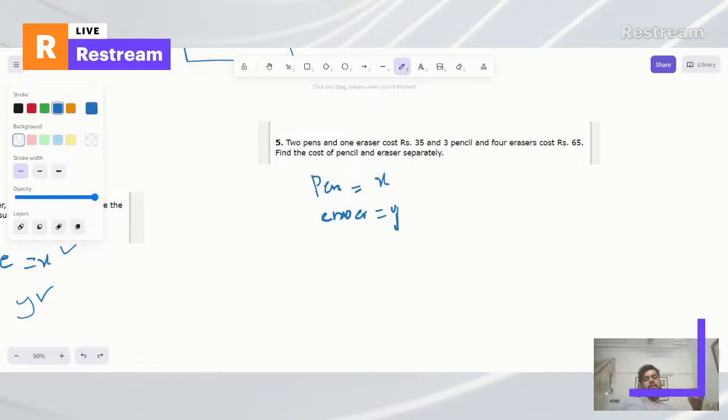I'm going to give you a head start of approximately 1 or 2 minutes. You solve it, and I'm going to start exactly after 1 minute. Till then I'm hoping you would be able to answer me in the comment box. So start working on it, form your two equations, and then simultaneously solve them.